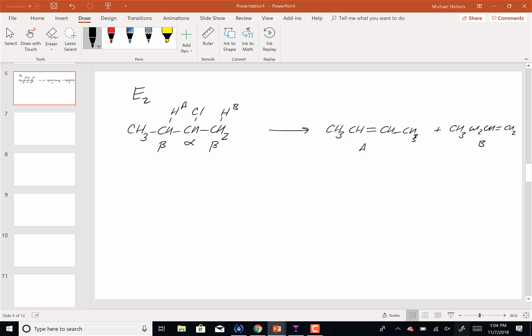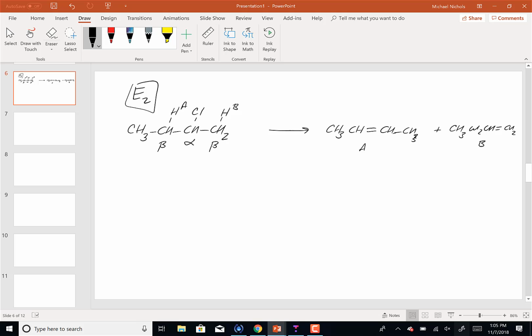And we'll go through the mechanism of this E2 in a minute. So writing the products is exactly the same. Find the alpha carbon that has the leaving group, the 2 beta carbons. If they have beta hydrogens, then those can be lost to form the product. Except in E2, not necessarily. And I'll come back to that.